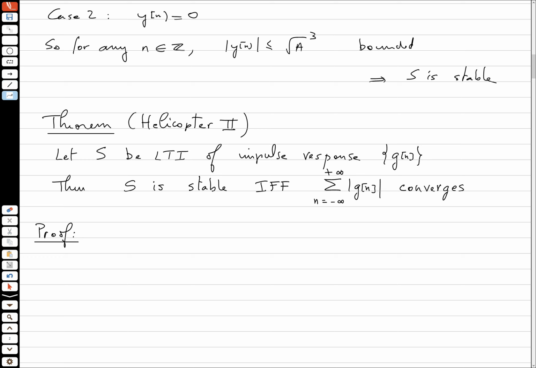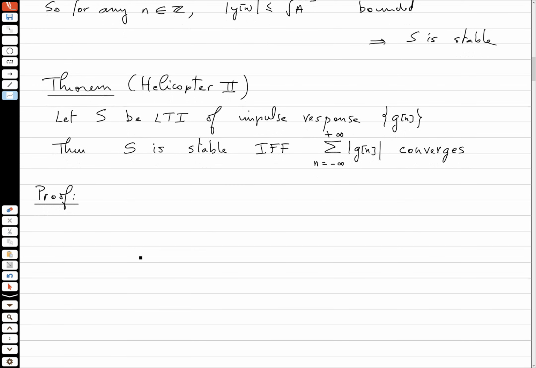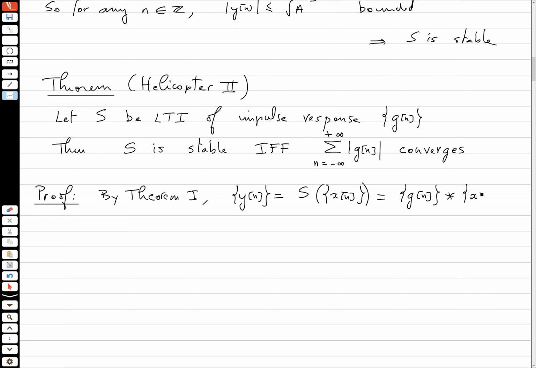So, like for helicopter 1, you want to write down the properties of LTI system. Remember that by theorem 1, S is LTI. Since S is LTI of impulse response g of n, then when you look at the response to x of n, you get the convolution between x and g.